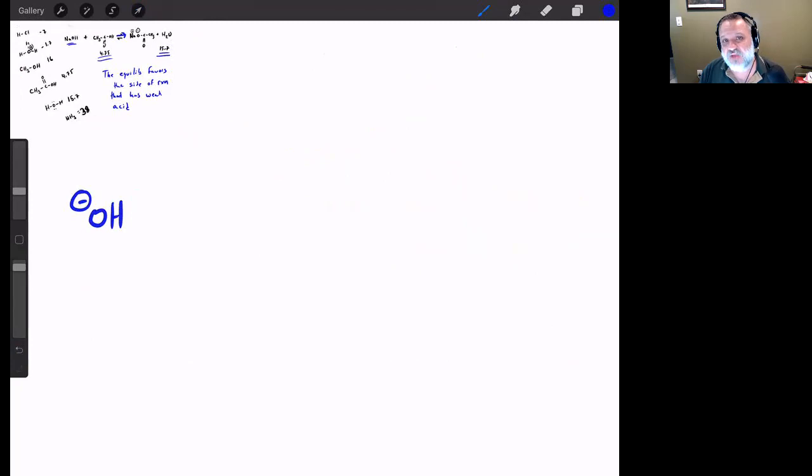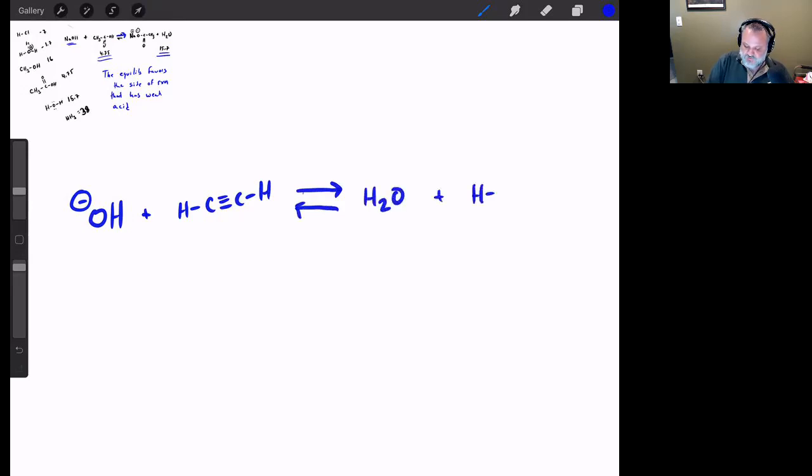Is hydroxide a suitable reagent to deprotonate the proton on acetylene, on ethine? When I think about that in terms of the equilibrium, I'm still going to create water, but then I'd be left with an ethanide ion, an alkanide with a negative charge on a carbon.